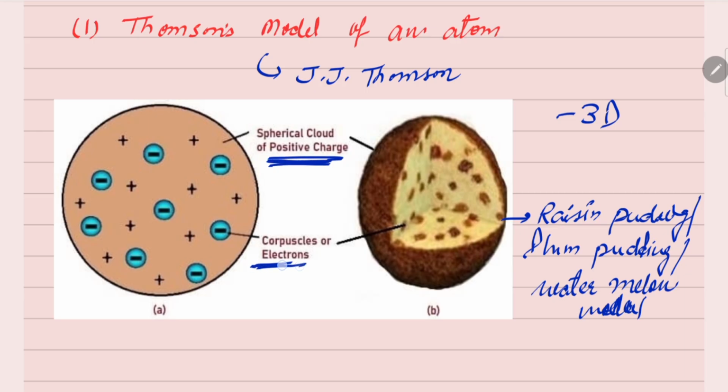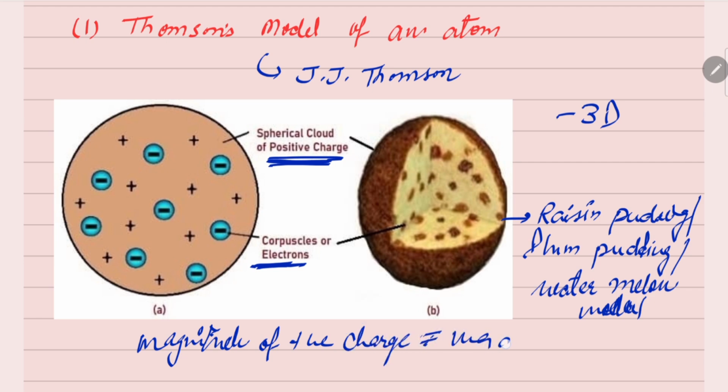Now you might ask how these positive charge and electrons are equal. So he said only one thing, that the magnitude of positive charge is equal to the magnitude of electrons or negative charge.